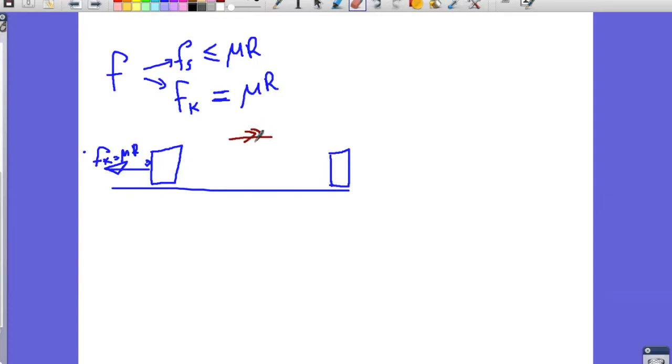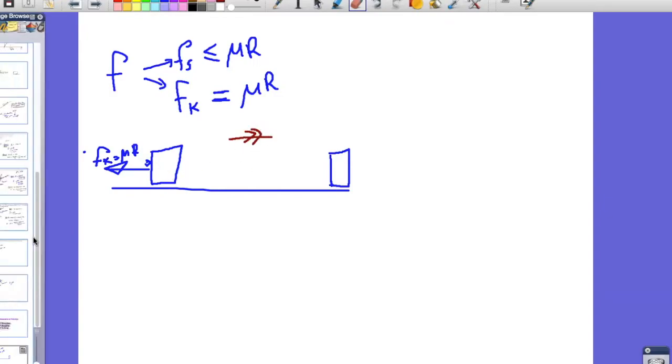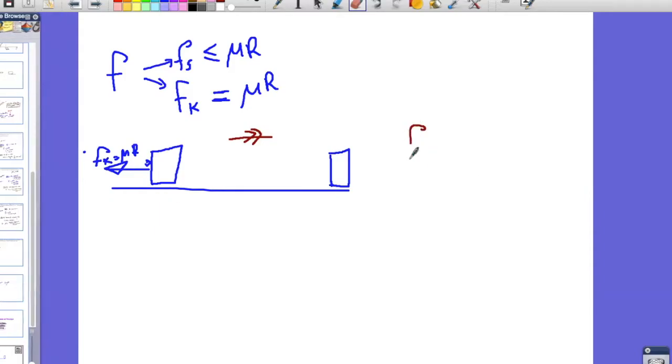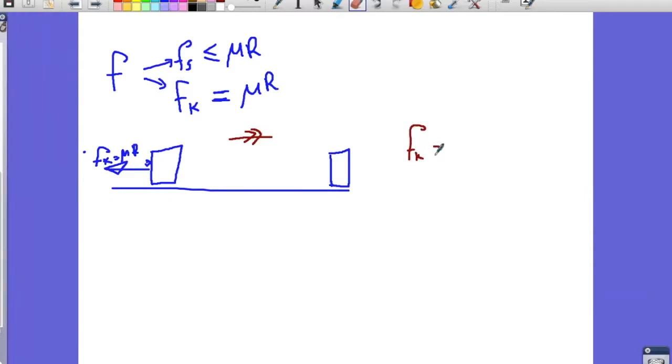So in this case, if there is no other force acting, then your frictional force, Fk, should be equal to ma. And remember that my direction of a and my direction of friction is opposite, so I'll use a negative sign here. So minus Fk equals ma.